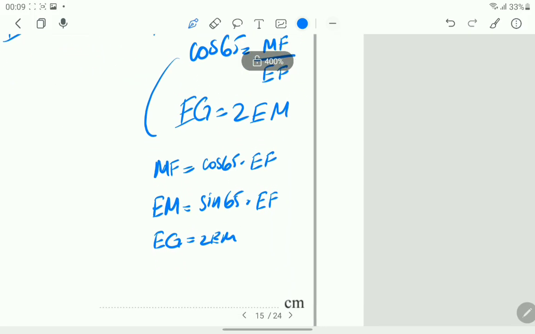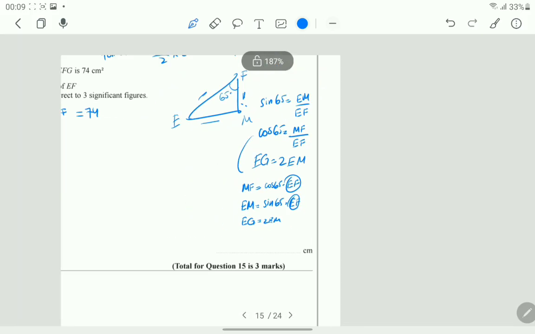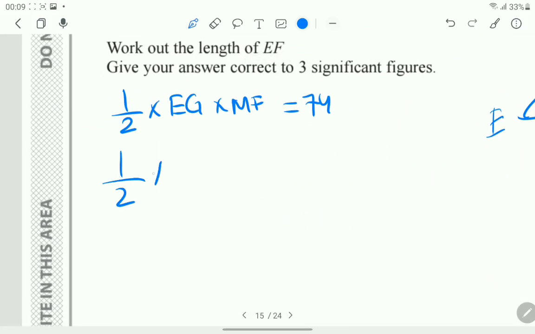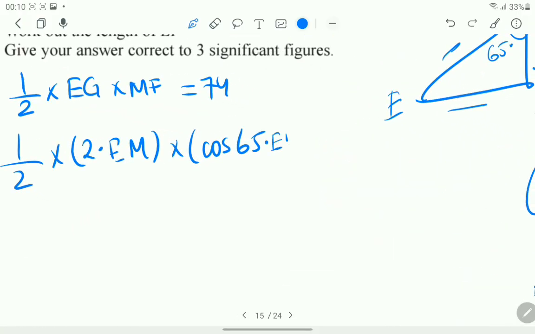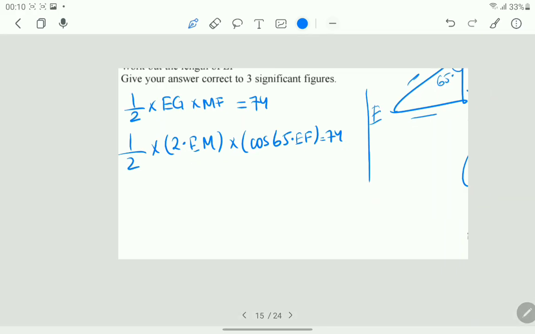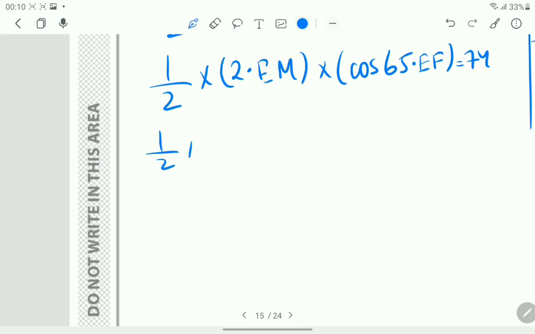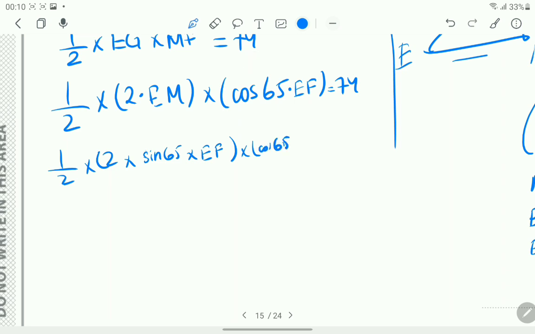we can now work towards a common variable, which is EF, by plugging this into our main area equation. 1 by 2 times 2EM times MF, which we just figured out, is cos 65 times EF equals 74. 1 by 2 times 2 into sine 65 into EF times cos 65 into EF equals 74.